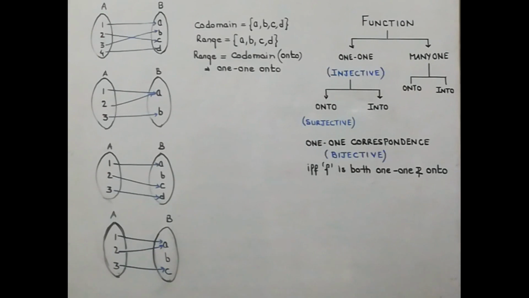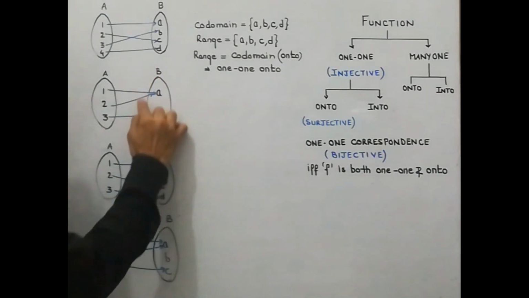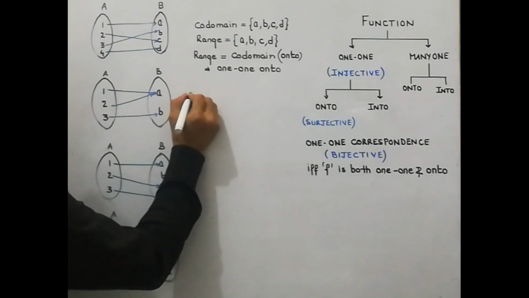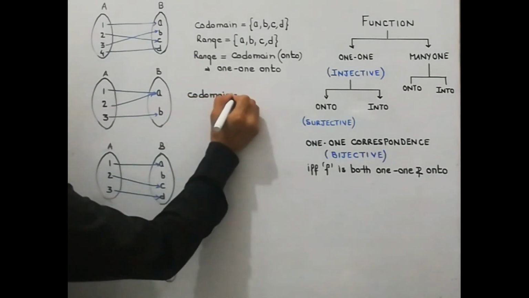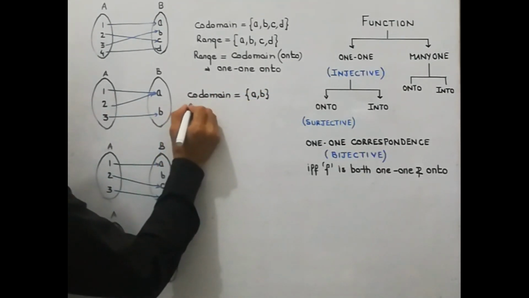Now let's see the second one. In the second one, again you can see this is codomain A and B. Then we have to write the range.